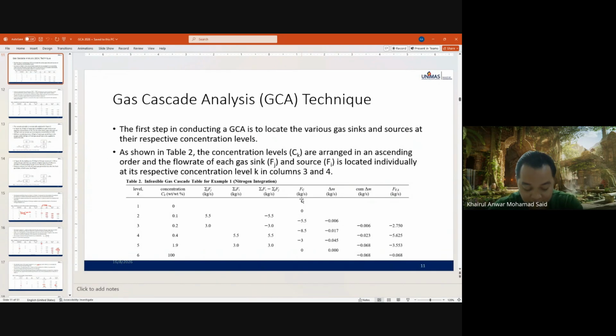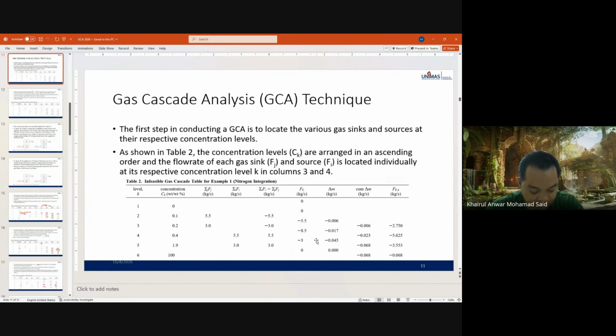Then cascade the net flow rate downward, FCK, so this one cascades like this, with the interval net flow rate, from 0 to the end.